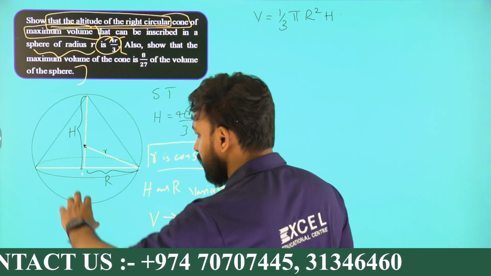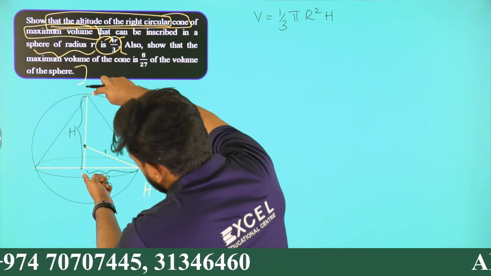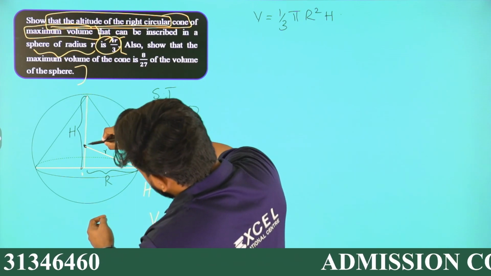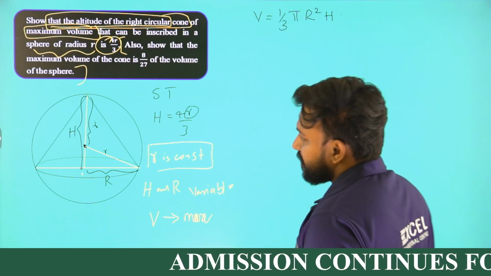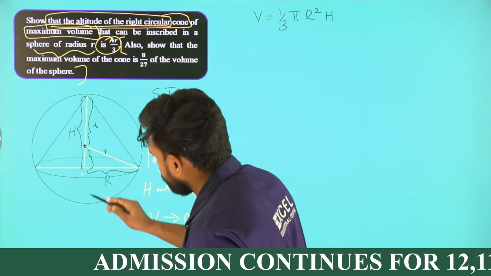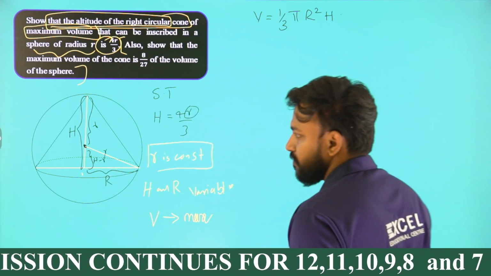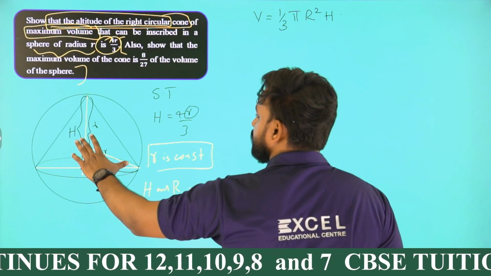Listen very carefully. This length is capital H, and this length is capital R, and this length is also small letter r. So this length is capital H minus small letter r, this is capital R, this is small letter r.